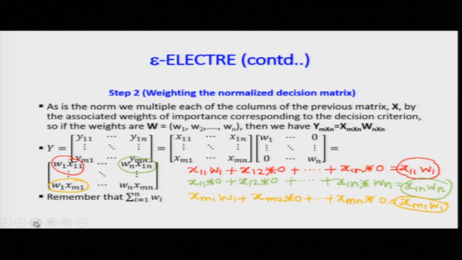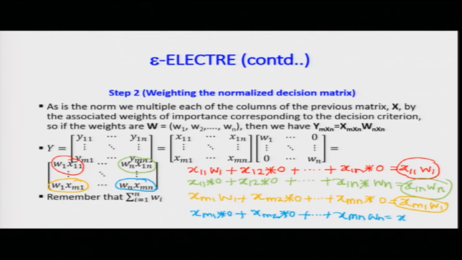Similarly, finally, if I do it for the last one, it will match. Let me write it, it will be easy for all of you to understand. So, this will be xm1 multiplied by 0 plus xm2 multiplied by 0 plus dot dot dot plus xmn into Wn.